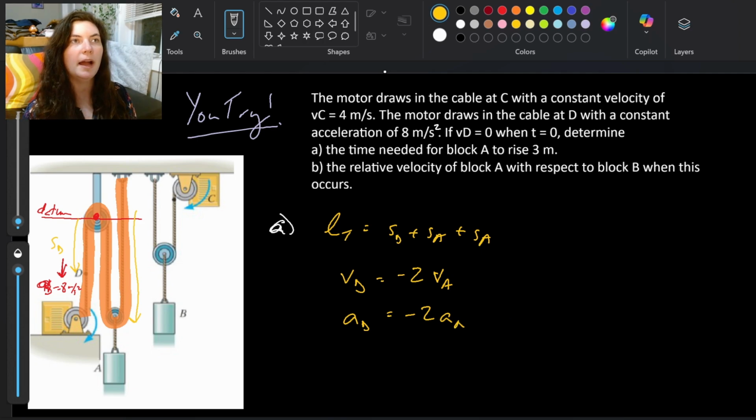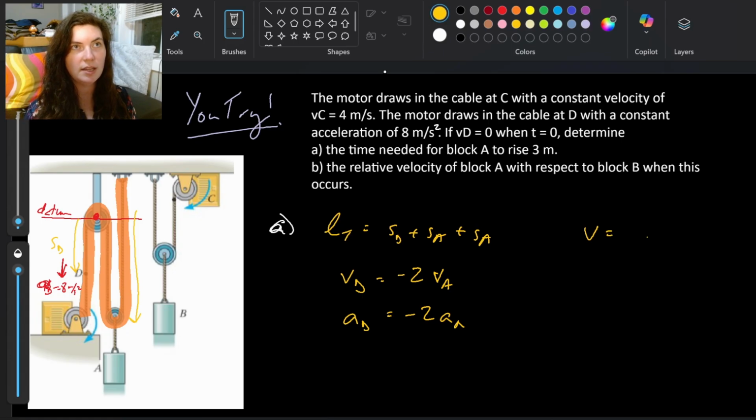So I can work backwards. I can work out to my acceleration, which I know, it's 8 meters per second squared. And then I can work back to my velocity because I'm trying to find the time needed for block A to rise 3 meters. If I want something related with a time and a position, velocity is usually a really good way to do that, right?